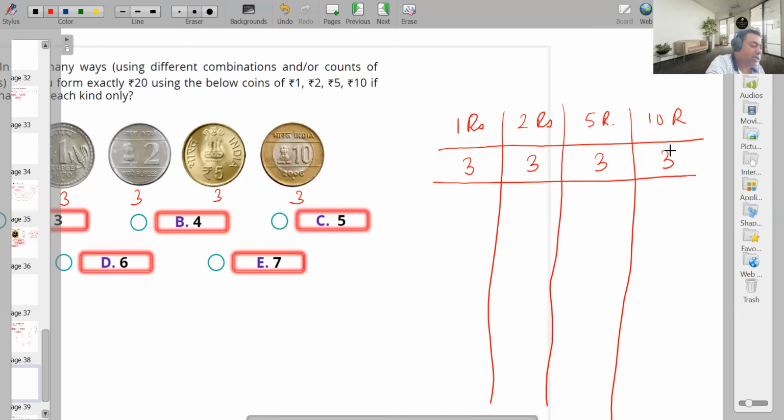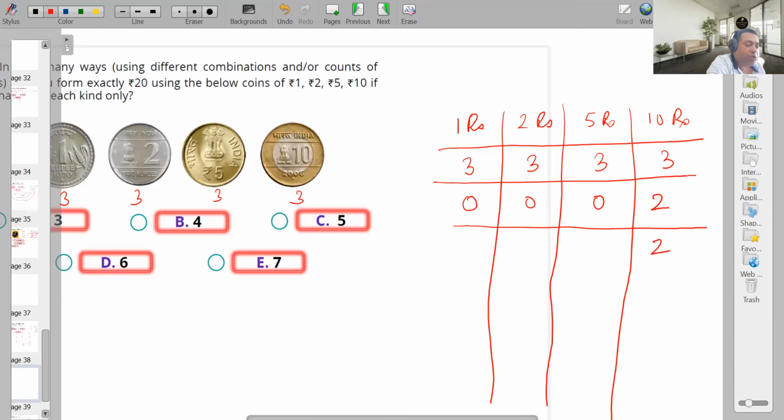So let's understand number 1. If we use 2 tens and 0 of the others, this is one of the ways we can make 20 rupees. 2 times 10 rupees is 20 rupees. Now we are going to replace one of the tens with a 5 rupee coin.